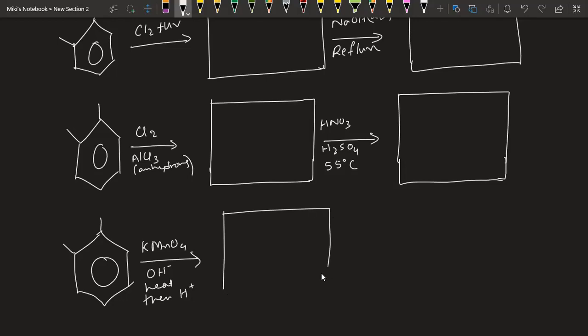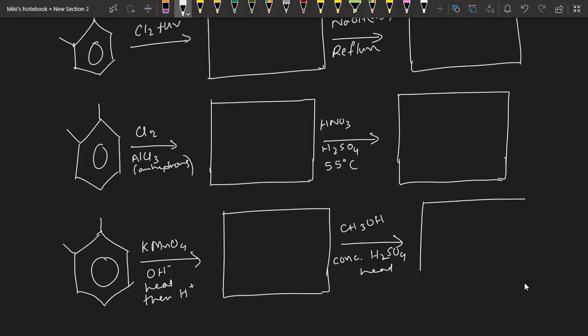We would get some product here due to the reaction. And from that product, when we further make it react with CH3OH with concentrated H2SO4, concentrated sulfuric acid, and heat is applied, we would get some product here.